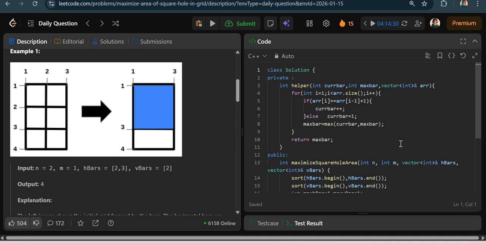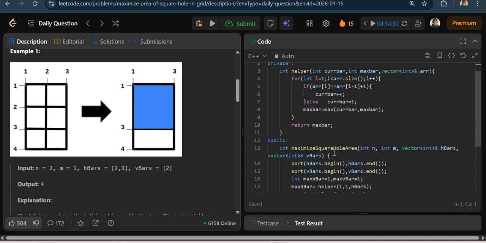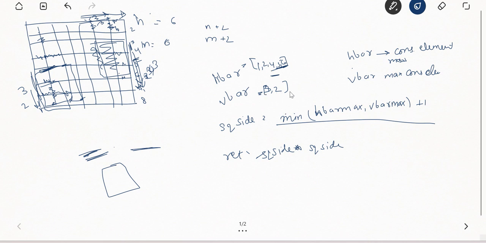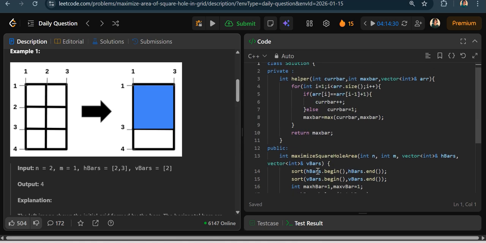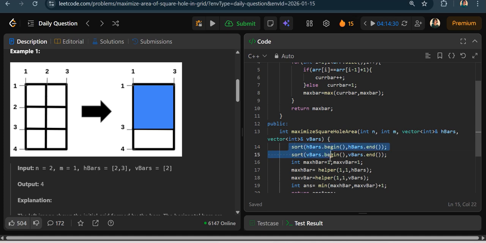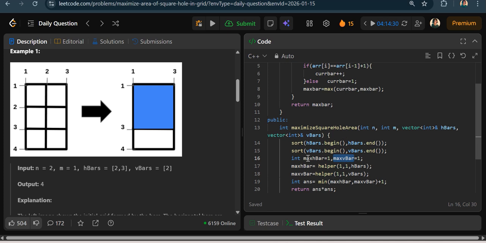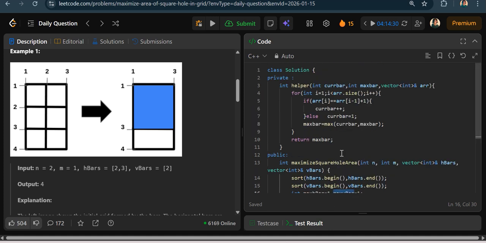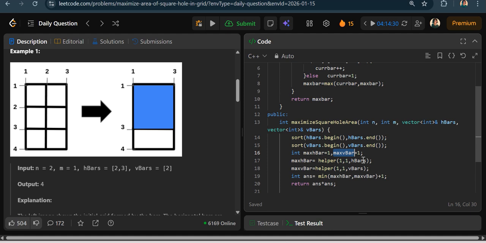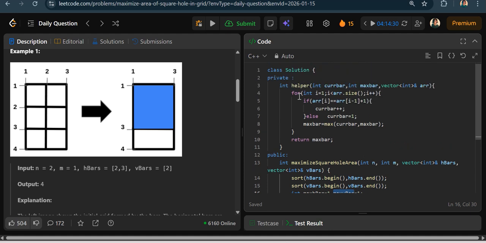First we sort both the arrays, because it is possible that the values are like 2, 3, 3, 2, which are not consecutive. Then we initialize the max consecutive bars for V and for H. Then we use a helper function which gives us the maximum consecutive bars.